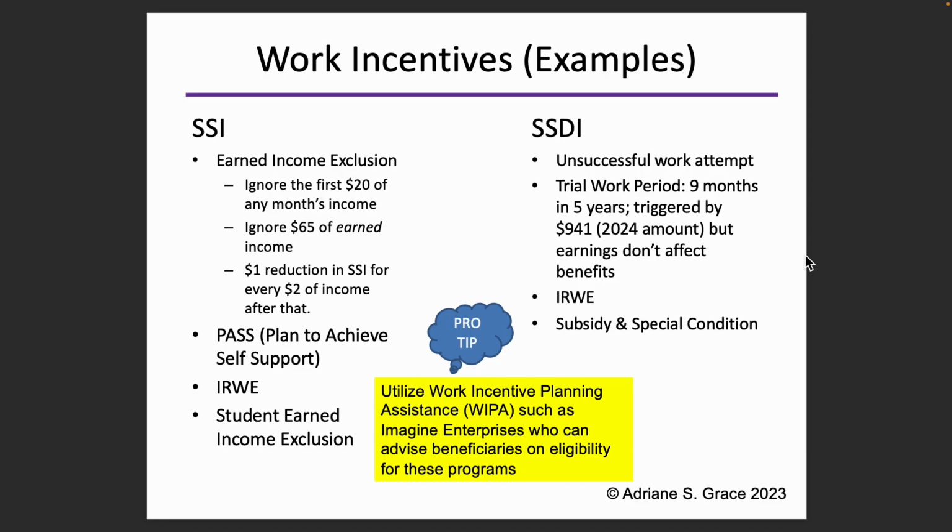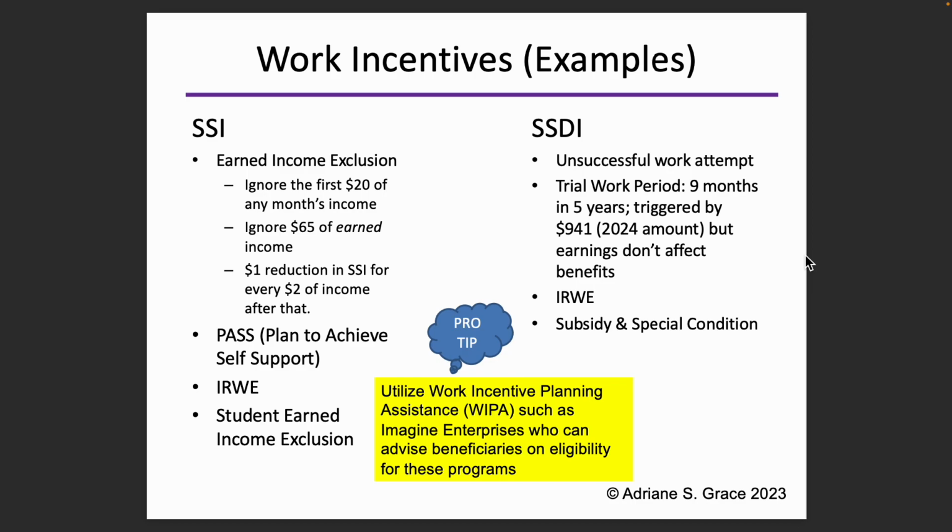I will point out here in this yellow box, use a WIPA. Again, parents look at me with confused, what the heck is this WIPA? I've never heard of that before. Again, the program, Social Security, SSI, pays for this. So they have contracts with nonprofits in different states where they are supposed to help people on SSI enroll in these programs and identify programs they might be eligible for.